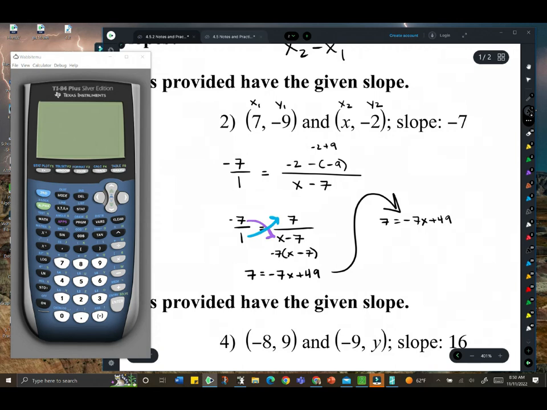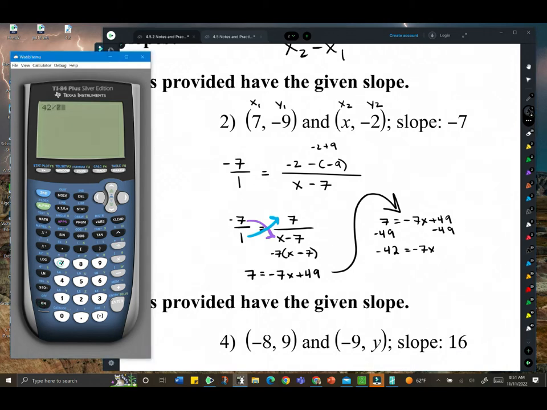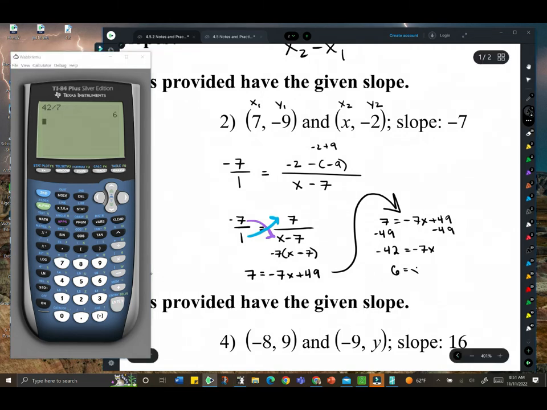Just a regular equation to solve. And when you divide a negative over a negative, it's just going to be positive. So we should get 6 is equal to x. Okay. So good stuff with that.